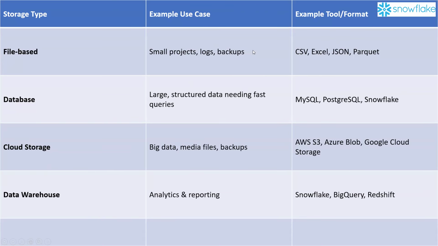It can be logs or backup files, right? And CSV, Excel, JSON, Parquet. These are the file formats nowadays produced by different sources. As I said, it can be IoT or sensor data which generates data on a daily basis. It can be in those formats.